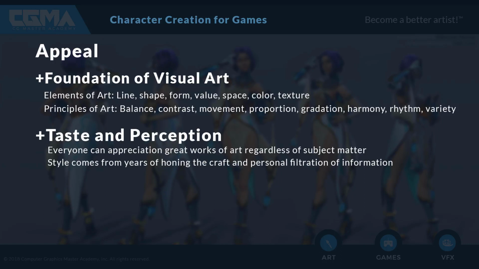Variety is related to contrast, and it's a use of varying elements to break up monotonous areas. It can be different color, it can be different shape. It's a great way to fight a boring sculpture.